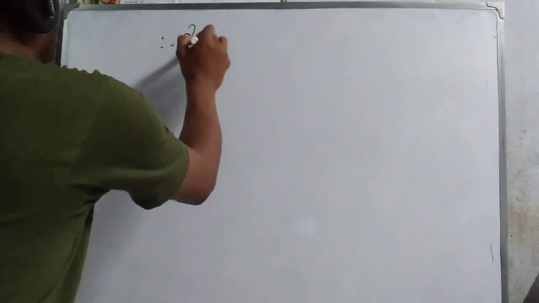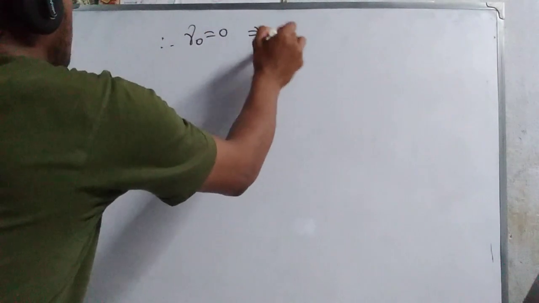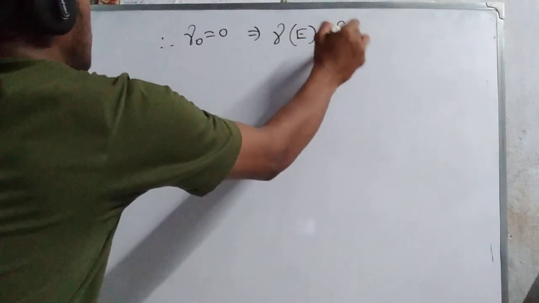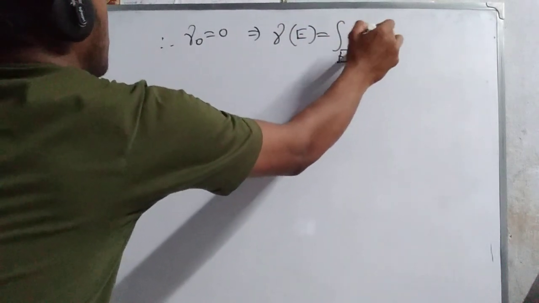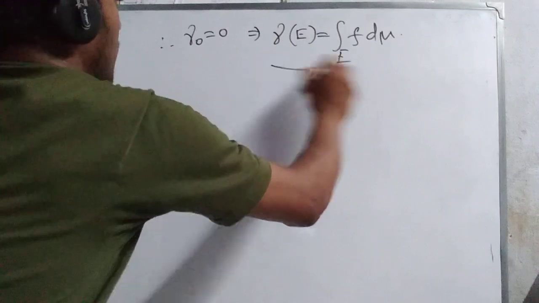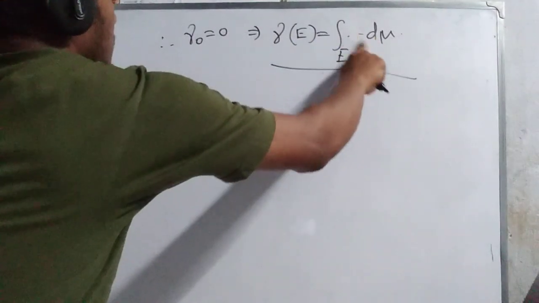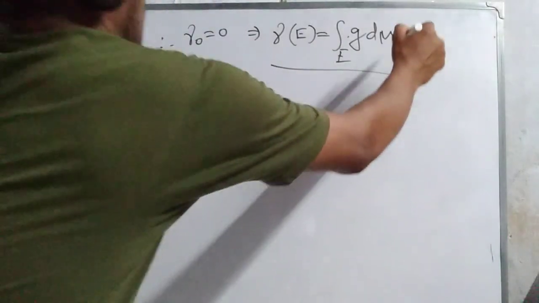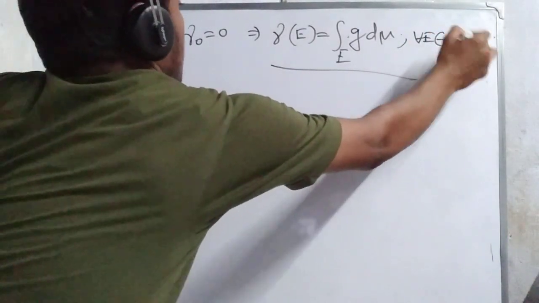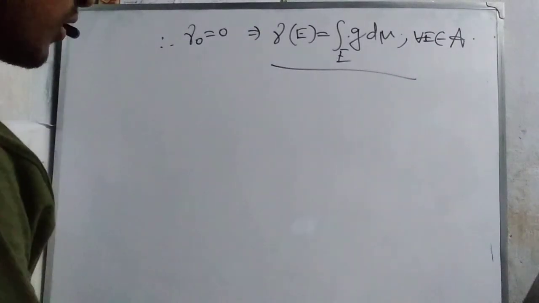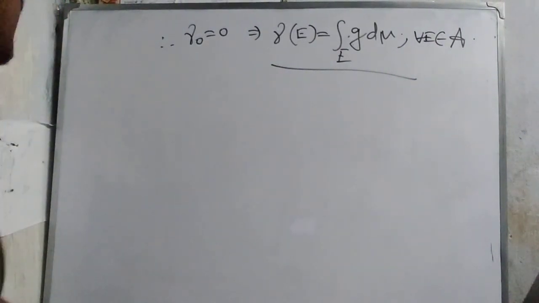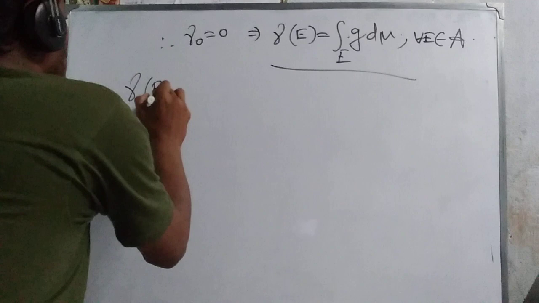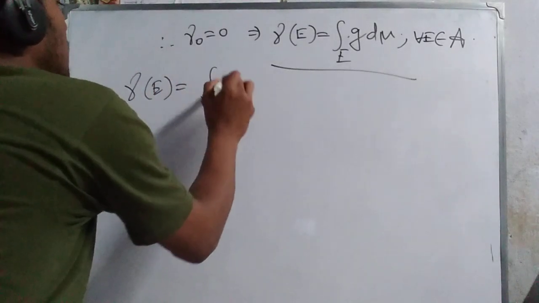So we have a problem, and we conclude that gamma 0 equals 0. This implies gamma e equals the integral over e of f d mu, or g d mu, where g we constructed, for e belonging to this sigma-algebra. Now we go to uniqueness, which is easy. That means gamma e equals the integral over e of h d mu.